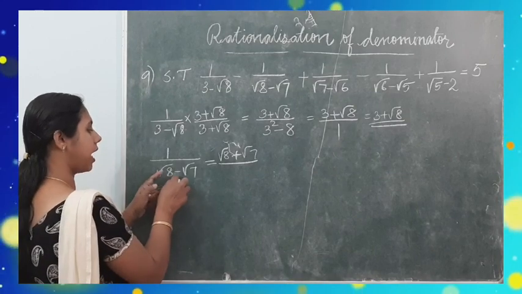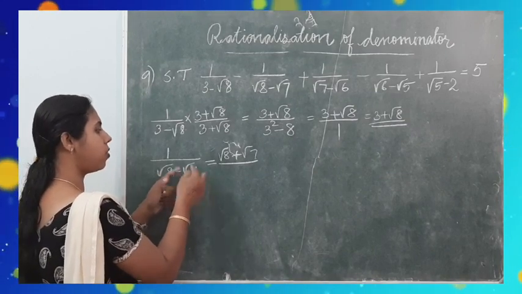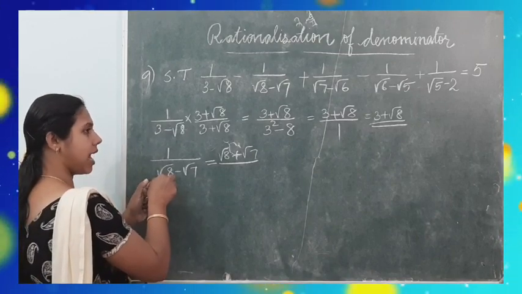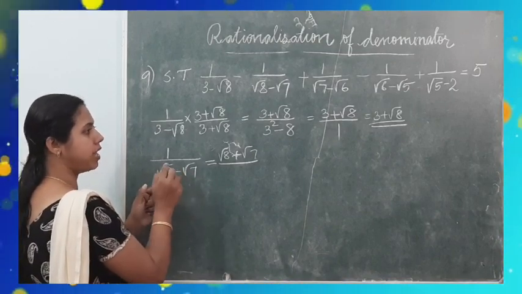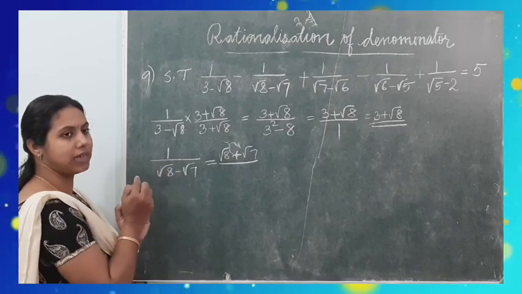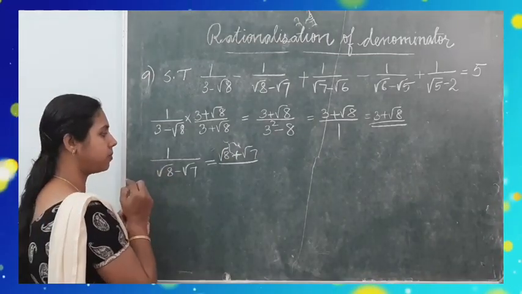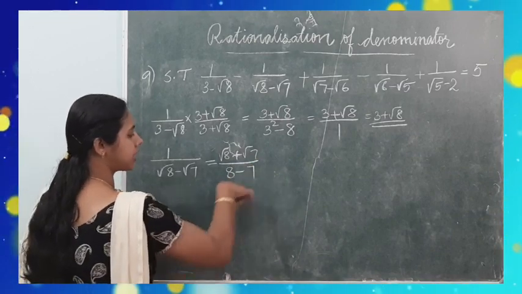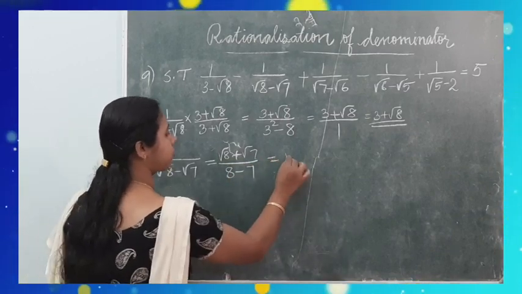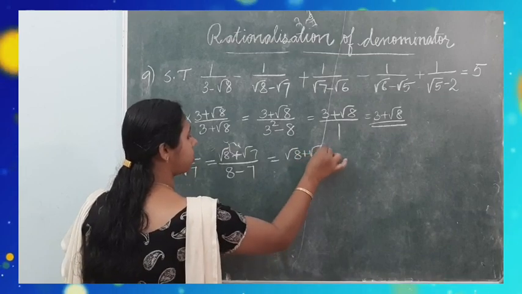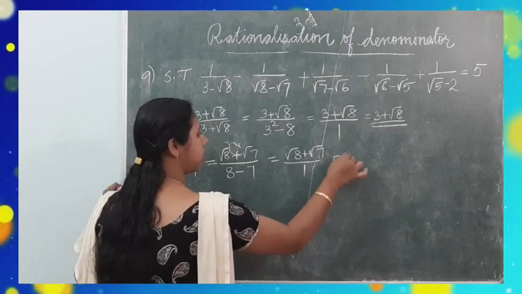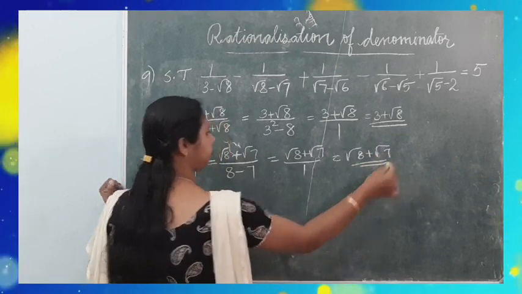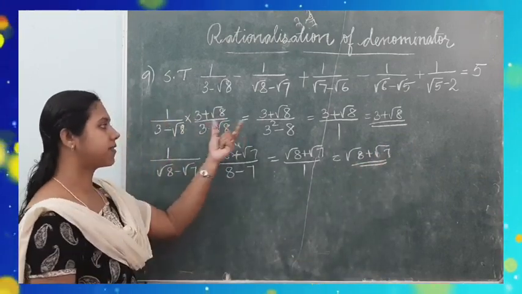Root a plus root b into root a minus root b is equal to a minus b. So here it is 8 minus 7. Directly we will get root 8 plus root 7 by 1, which is equal to root 8 plus root 7. I am skipping some steps.